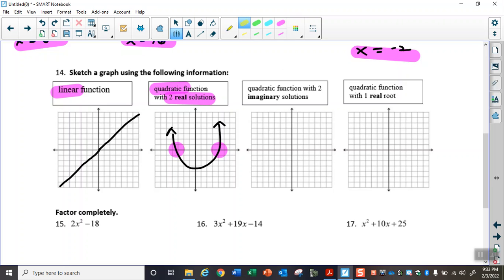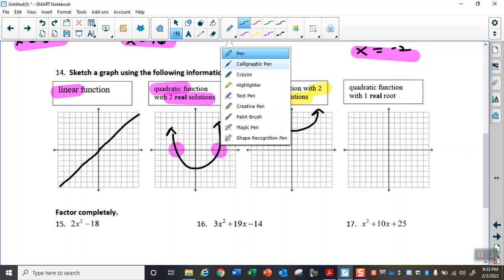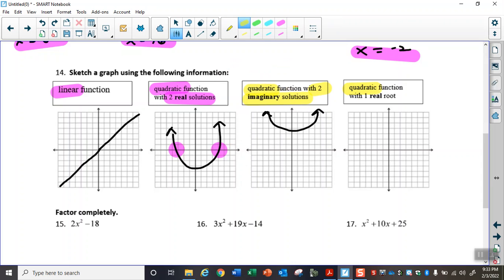If it is quadratic with two imaginary solutions, that means it does not cross the x-axis at all. And if it's a quadratic with one real root, that means it bounces off. It only touches the x-axis at one single point. Okay, that would be one real root.